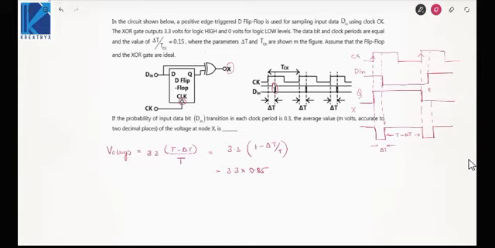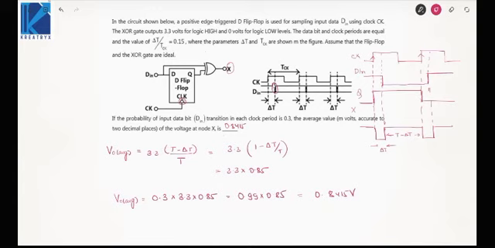But now the probability of such a transition is 0.3. So the actual output value will be probability multiplied by 3.3 into 0.85. That is 0.99 into 0.85. So it comes out as 0.8415. So that will be the answer, 0.8415.